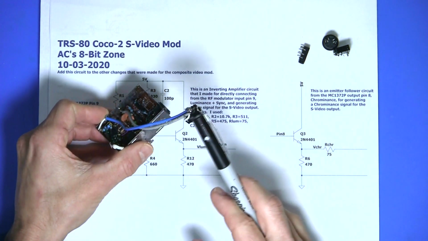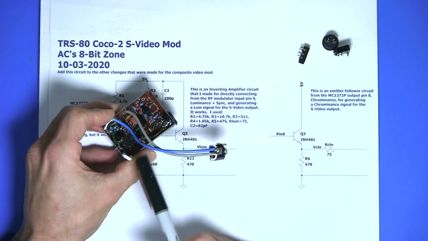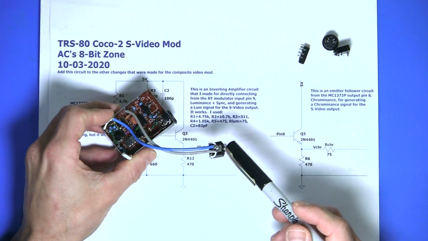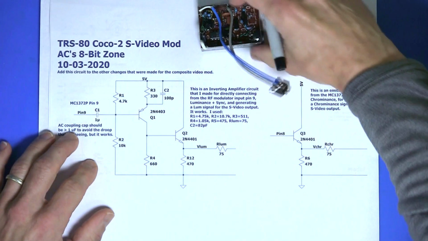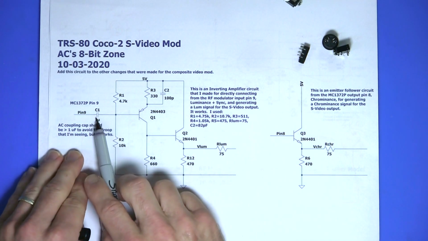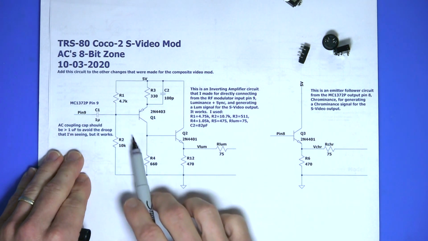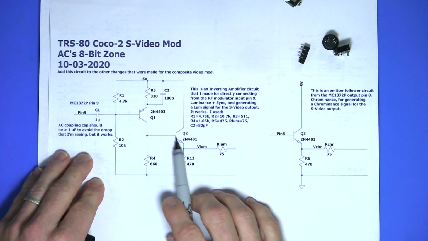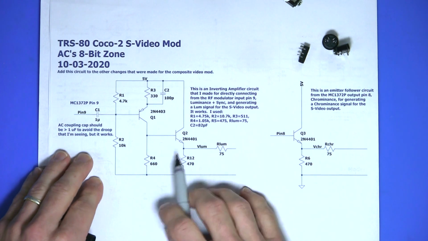And in any case, the way I did this, you'll just have mono sound because I only routed the sound connection to one of the poles. But so I have composite video and S-Video. Here's the S-Video circuit that I used. I used an AC coupled BJT inverting amplifier followed by an emitter follower to drive this from the low side.